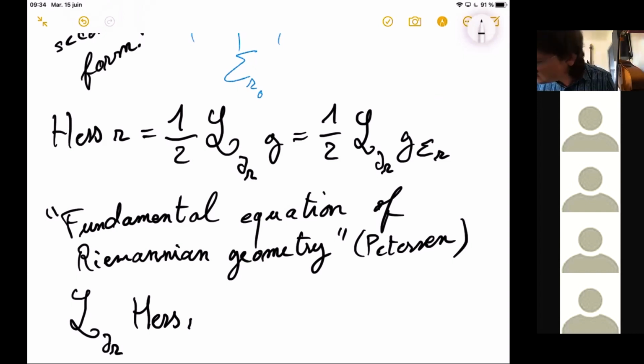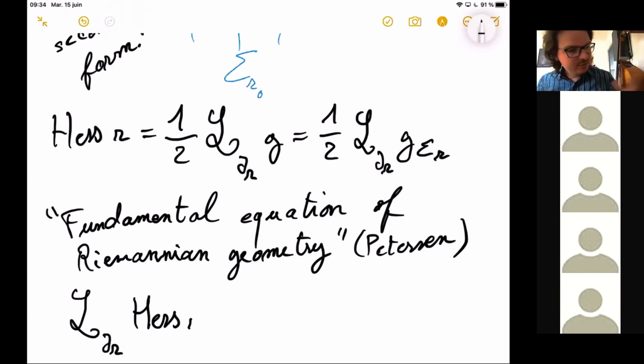Okay, so think of the Hessian as a quadratic form, but since we have an inner product, we can see that as an endomorphism of the tangent bundle, which is called the shape operator. And so the Hessian here is just the square of this endomorphism.